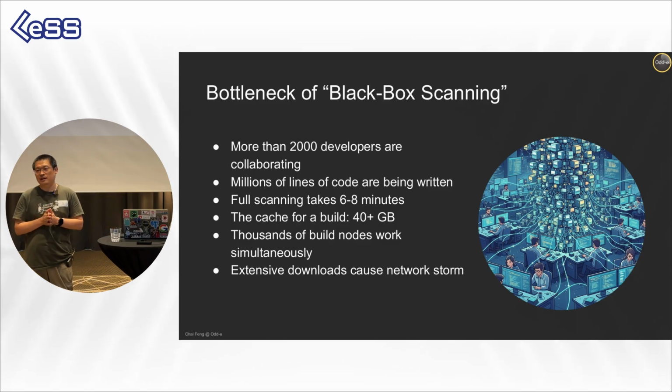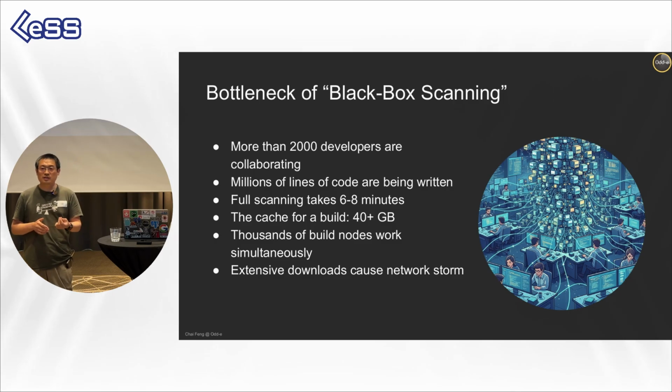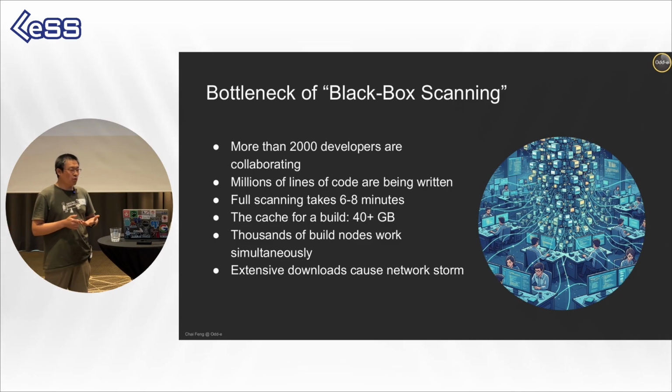On the CI pipeline, thousands of build nodes are working at the same time, all doing this full integration package loading, and all trying to download these small files, which easily causes a network storm and slows down the network, making everyone's build time even longer and unstable.